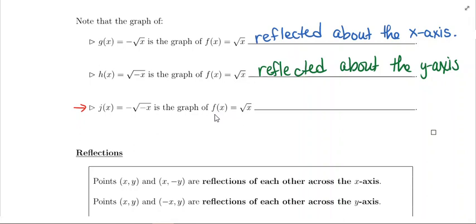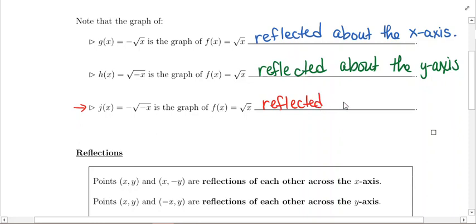So it's the same basic function, but now you've got a negative on the outside and on the inside. So if you put both negatives, one on the outside and one on the inside, that's going to cause the original function to be reflected about the origin.